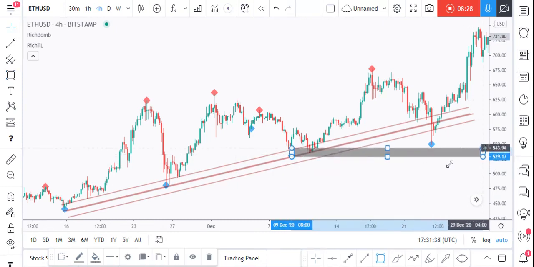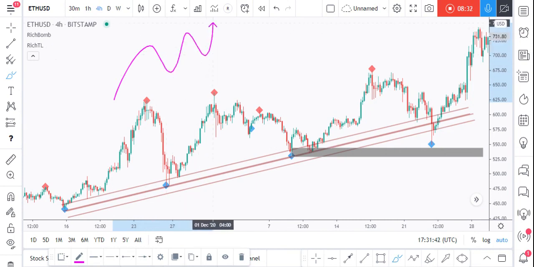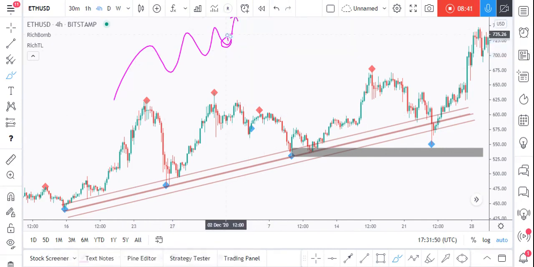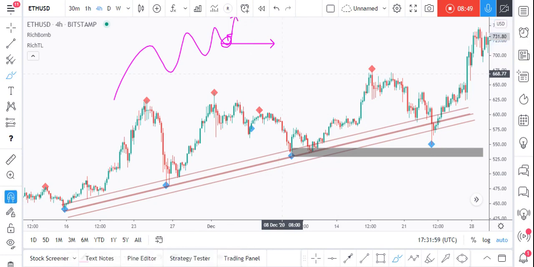To confirm the reversal, from market structure 101, if price is making higher highs and higher lows until the previous swing low is broken, we would be in an uptrend. So price can still go down and then go up, right? Until the previous swing low is broken, then we can say that we might have a potential reversal. And I insist on the word potential, right?